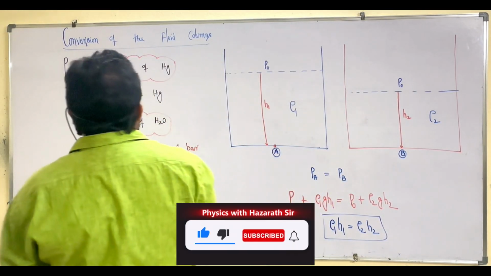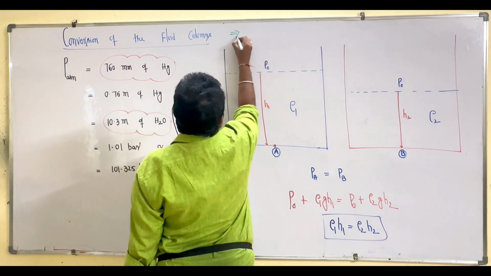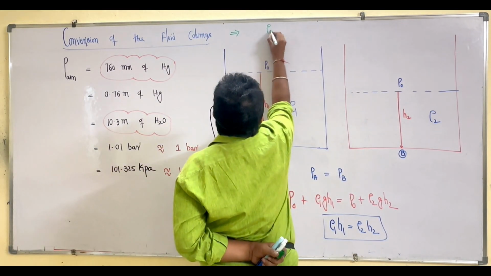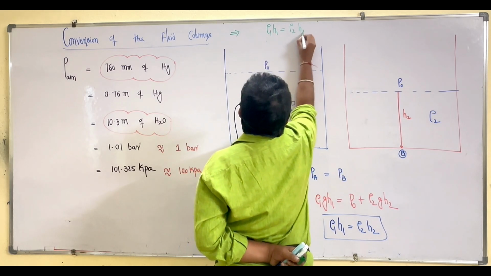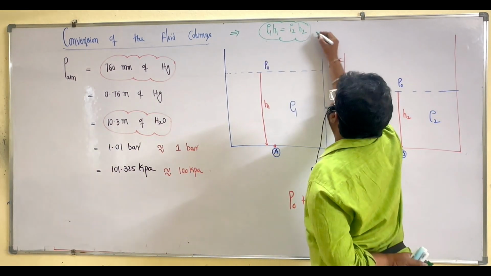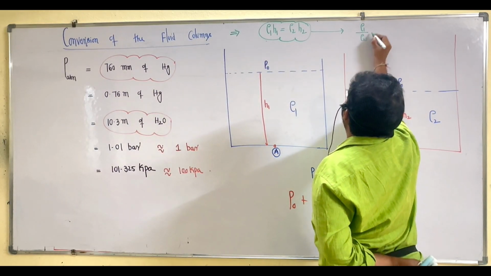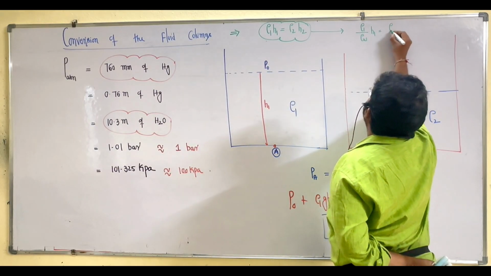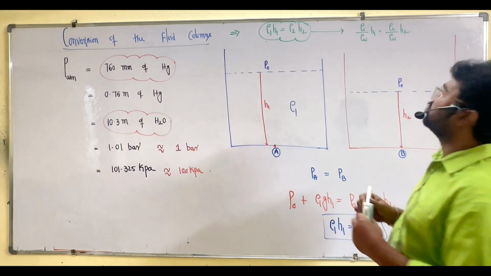Conversion of the fluid columns uses this expression. If you don't like this form, ρ1 by ρ water times H1 equals ρ2 by ρ water times H2.